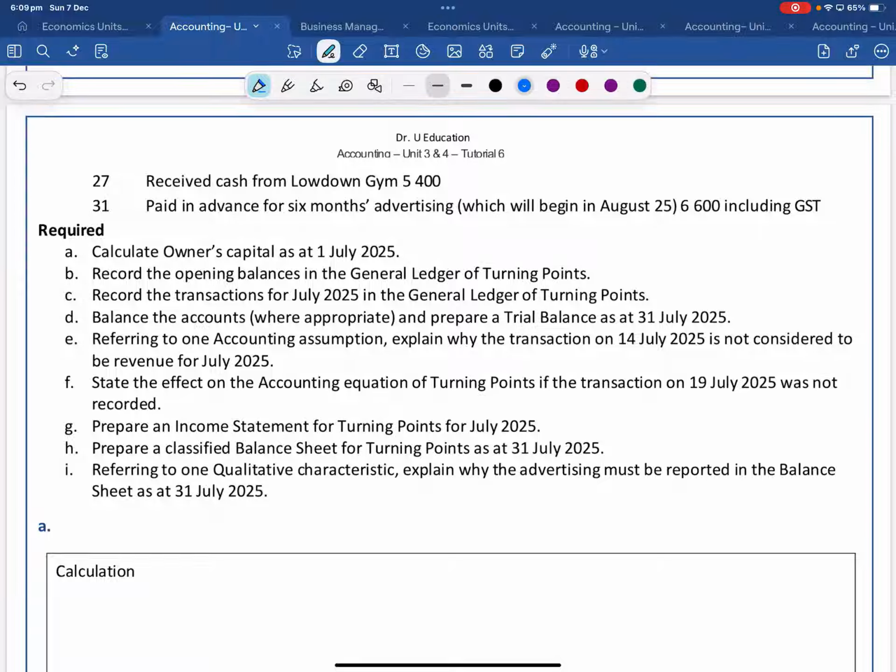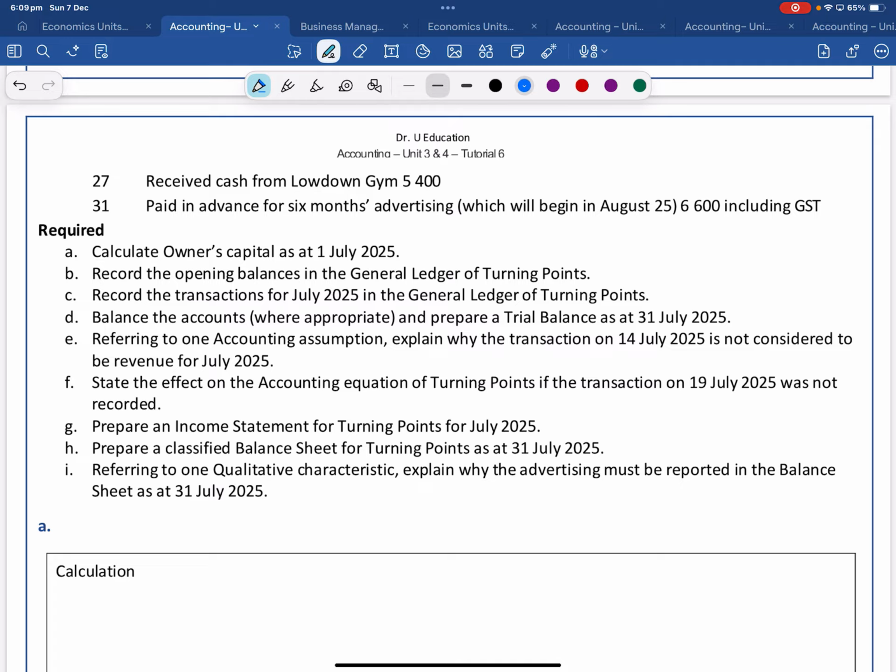By recording prepaid advertising, the owner will know the advertising that has been paid for.